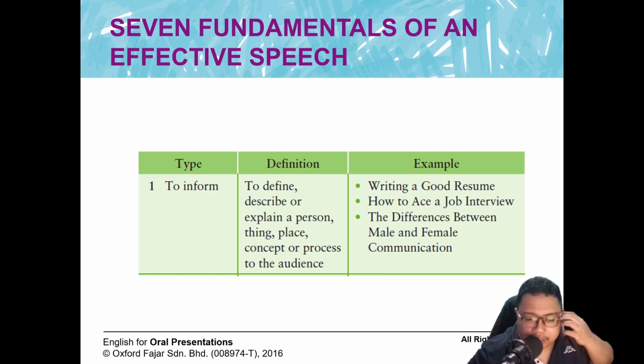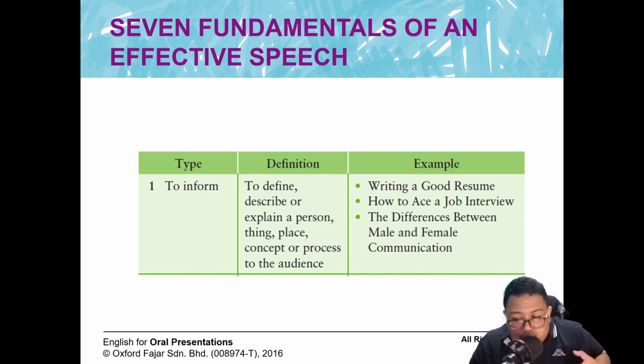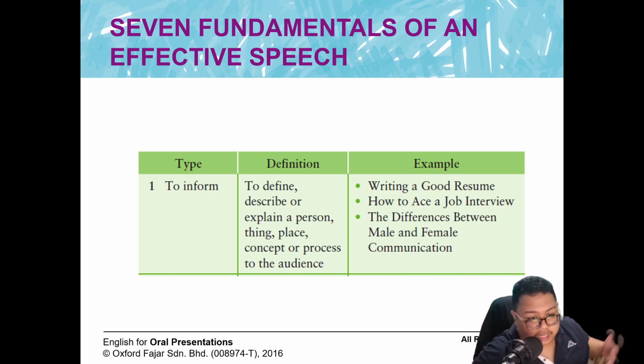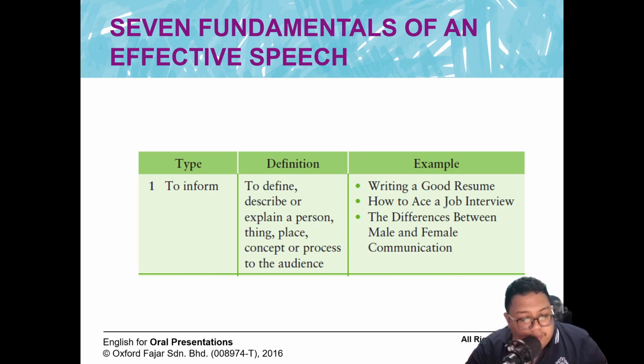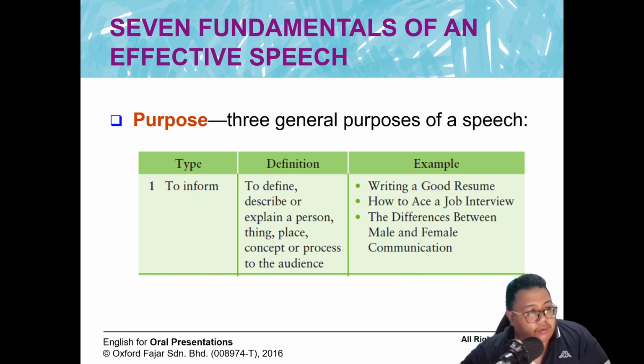You are trying to define something. For example, writing a good resume: you want to explain what a good resume is and the process of how to write it. Then the concept, the differences between male and female communication: you are trying to explain or describe a concept.